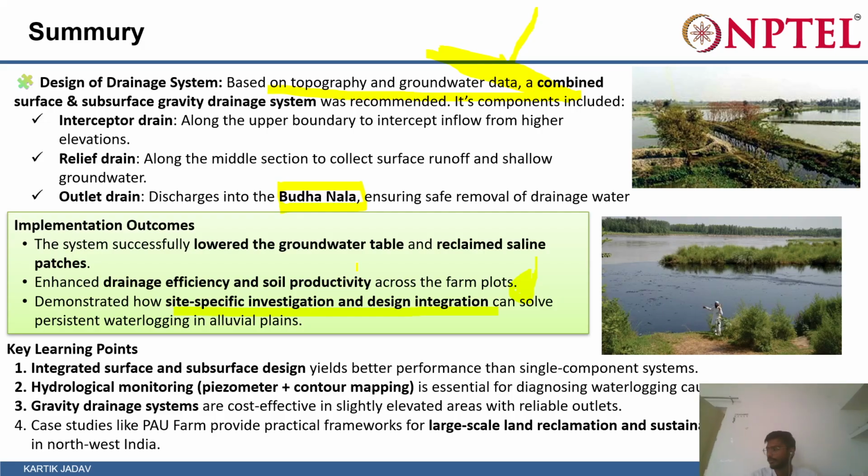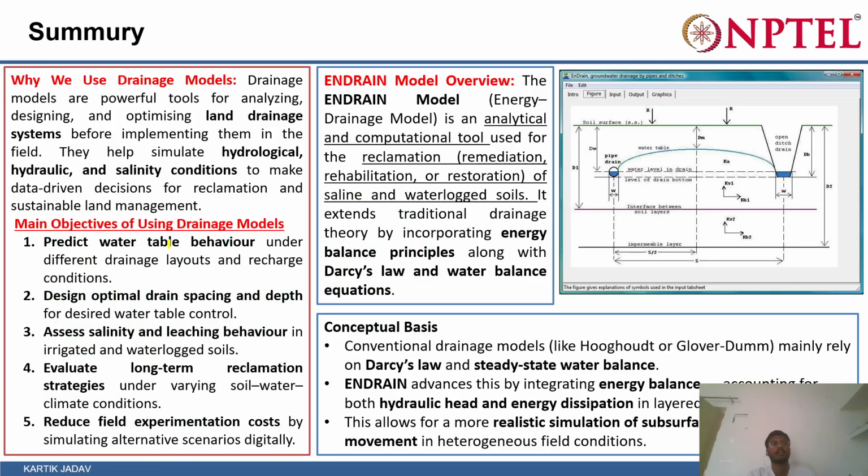And this we have summarized as the first case study lecture, and then we have moved towards drainage models. Drainage models are powerful tools for analyzing, designing, and optimizing land drainage systems. There are n number of models that help us simulate hydrological, hydraulic, and salinity conditions to make data-driven decisions for reclamation of affected soil.